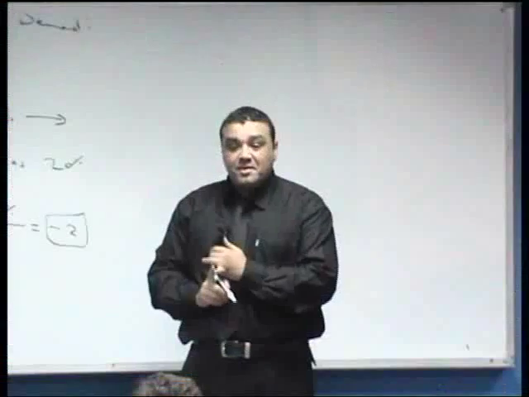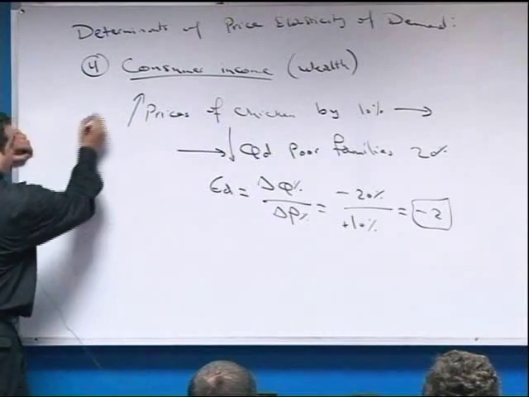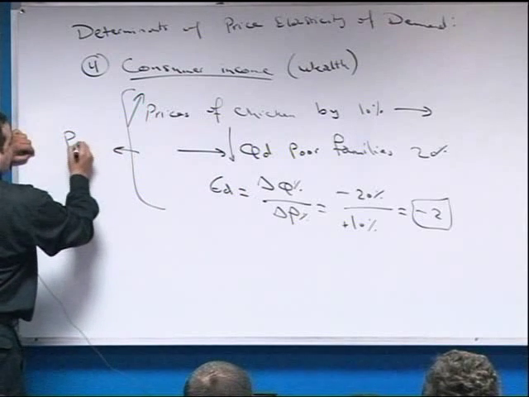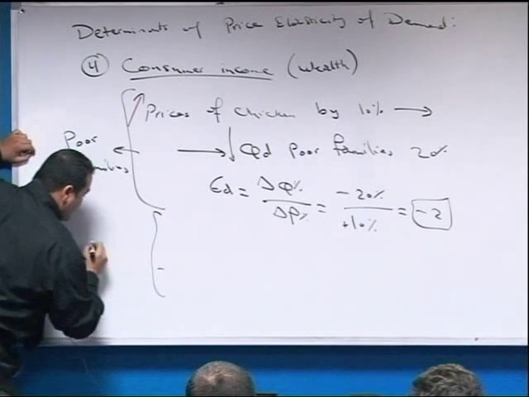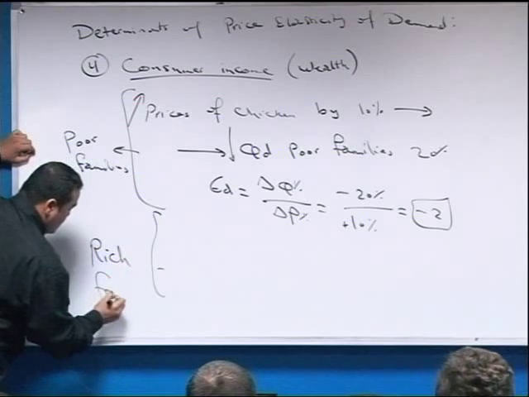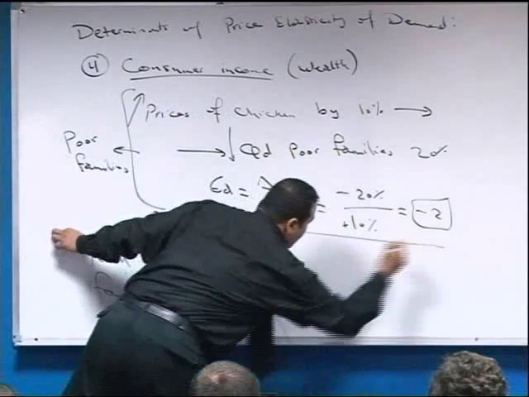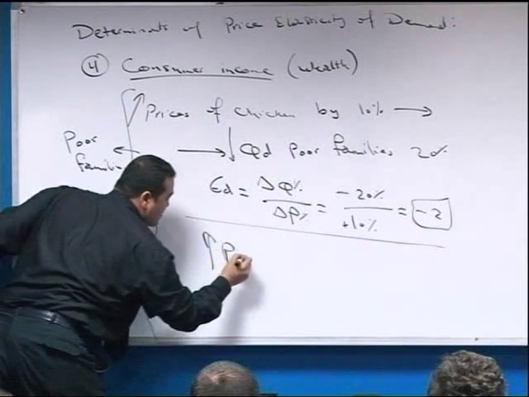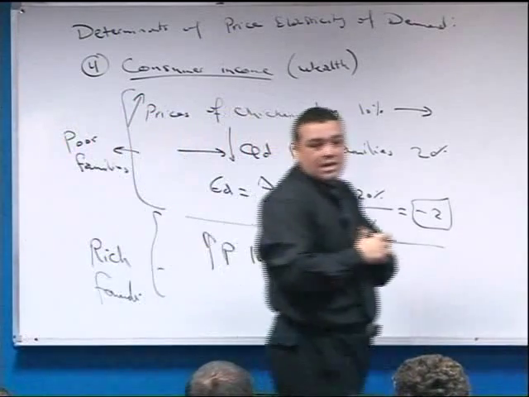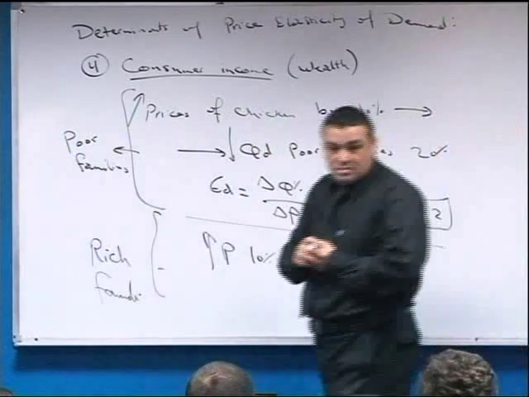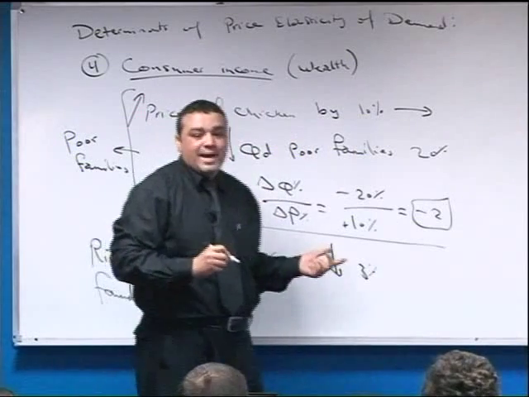But what about the rich families? For the rich families, if the price of a chicken increased by 10%, this leads to a smaller reduction in the quantity demanded, maybe 3% of the quantity demanded for chicken.